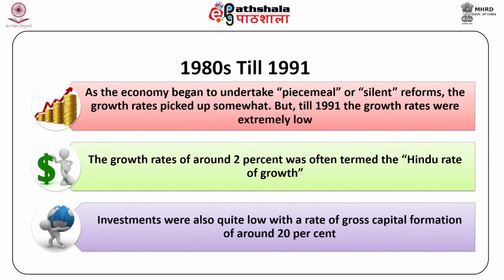In the 80s, as the economy began to undergo piecemeal or silent reforms, the growth rates picked up somewhat, but till 1991, growth rates were extremely low. In fact, the growth rate of around 2% was often termed the Hindu rate of growth. Investments were also quite low, with a rate of gross capital formation of around 20%.